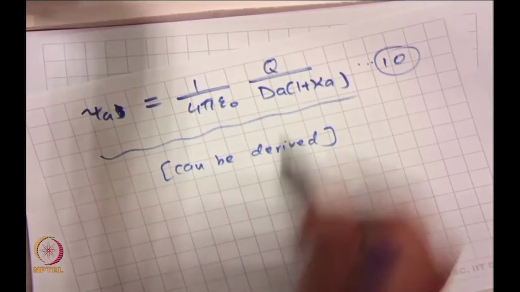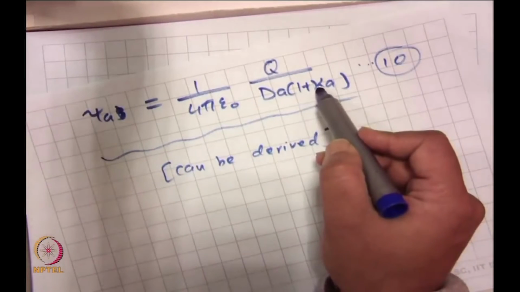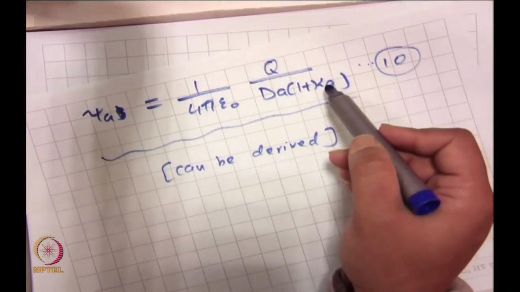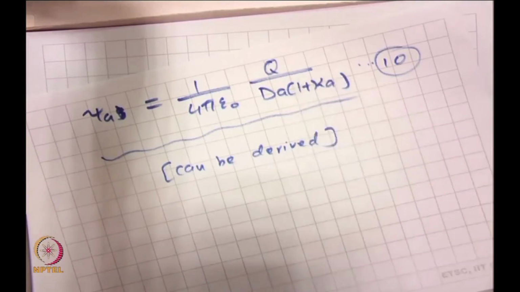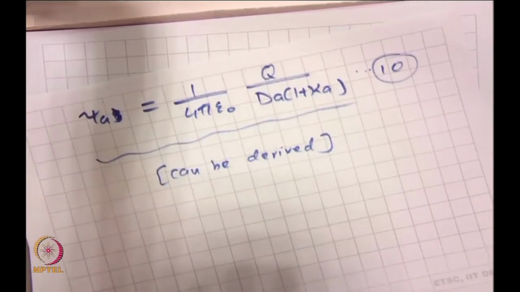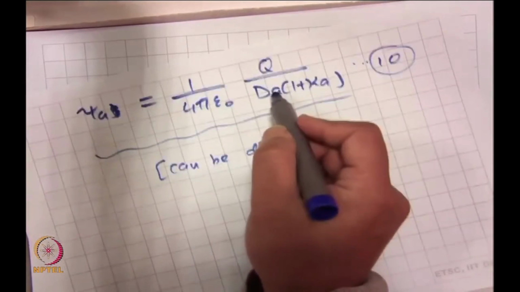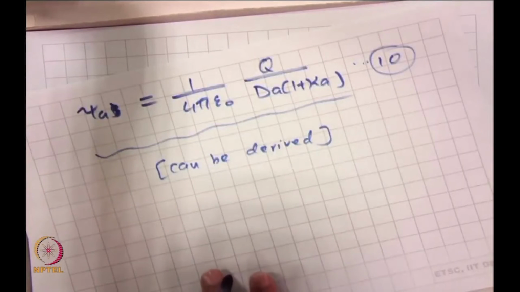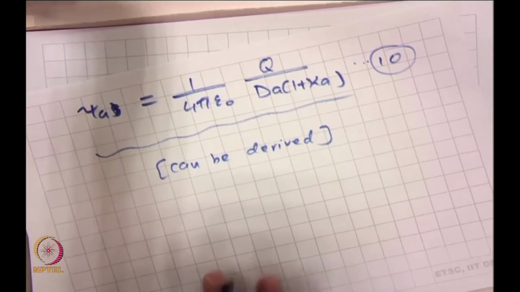So, you can understand if kappa is equal to 0, that means you have no salts, you have not added any salt in the solution, then it essentially comes to q by dA or q by dr, that is the normal Coulombic potential, we guys all know.